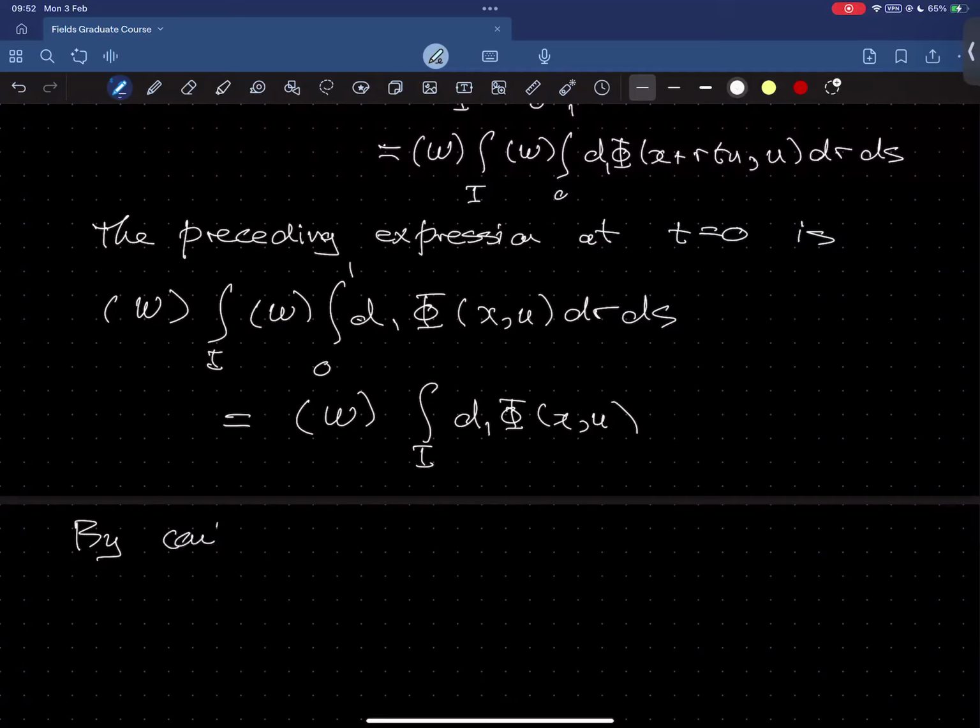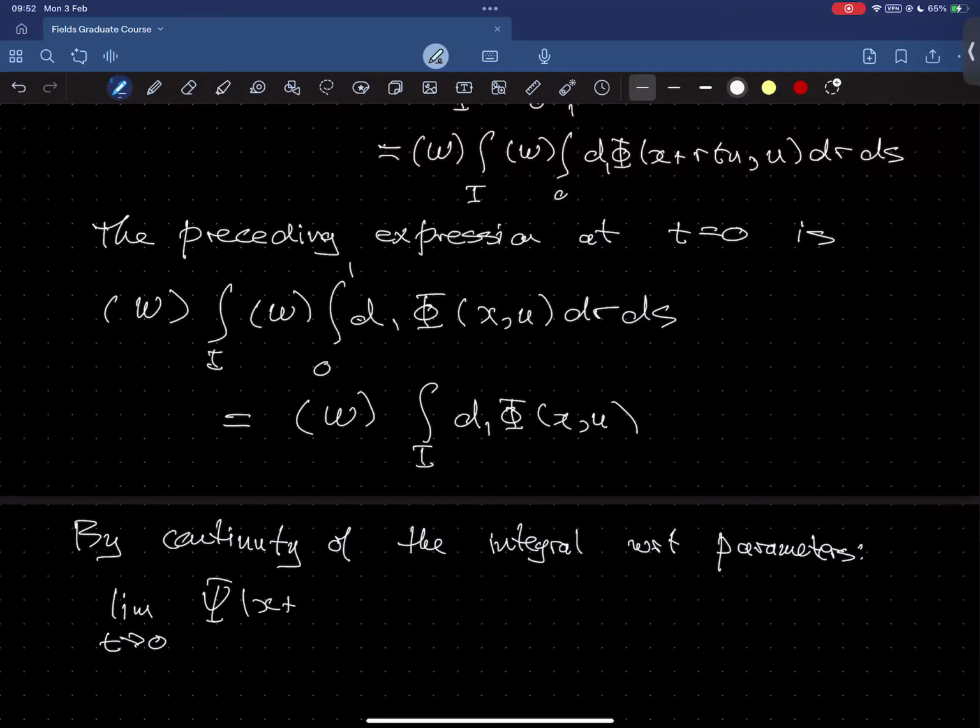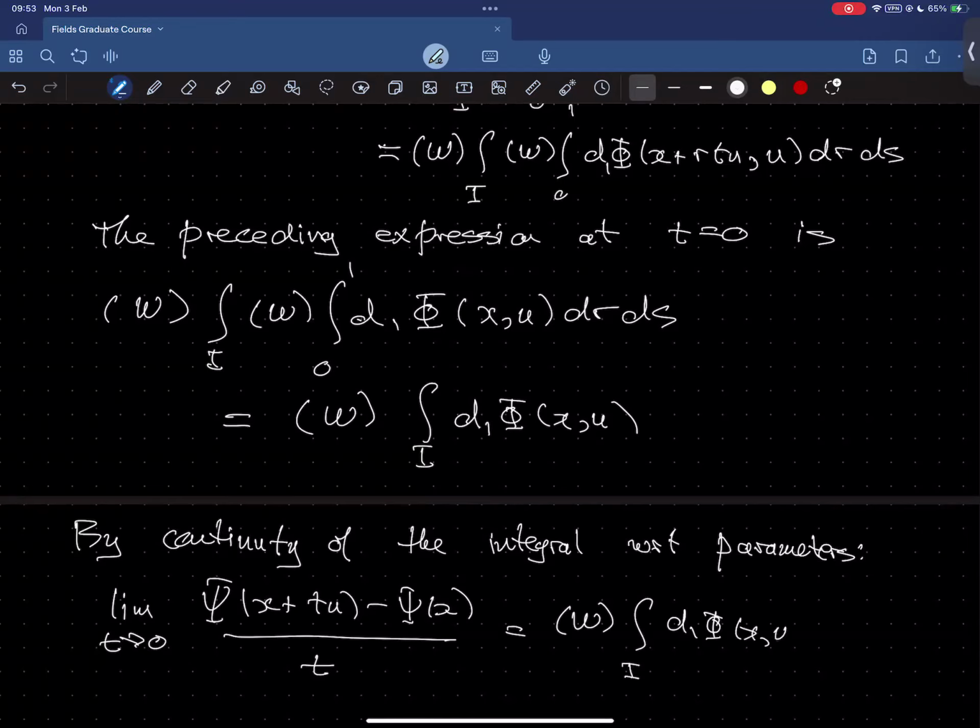So by continuity of the weak integral with respect to parameters, the limit as t goes to 0 of psi of x plus tu minus psi of x over t is equal to the ds here.